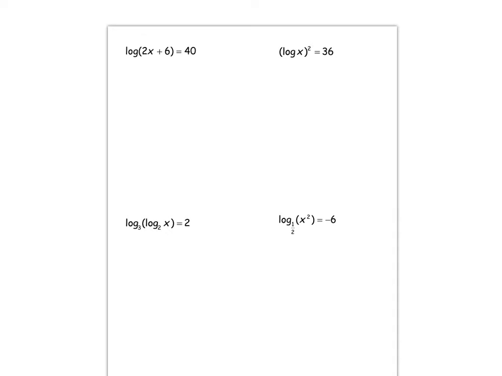Okay, so I've done it again. I've made a problem that's bigger than I want to deal with. So we're just going to scribble off that 0 again like we did in the previous solving video. And I want to remind you that if you don't see a base, the base is 10. So this time we're going to have 10 to the 4th because we're changing to exponent form.